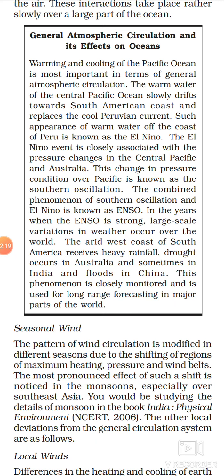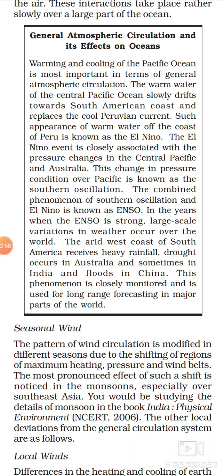This is occurring on the coast of Peru. So this is a very simple concept. When the Pacific Ocean gets heated, the warm air created because of the evaporation rises, drifts towards the left and replaces the cold Peruvian current present on the western side of South America above Peru and other countries. So this causes the El Nino effect.